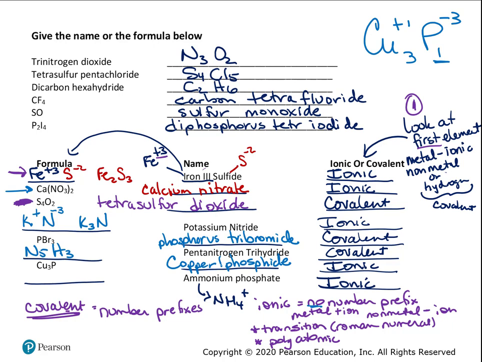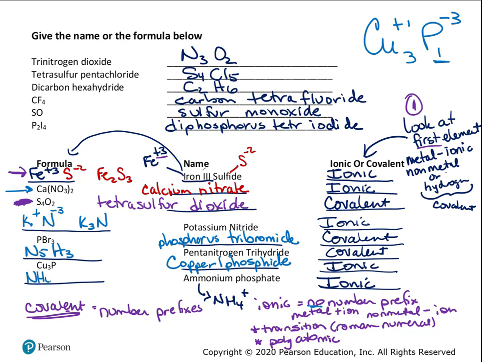All right, now this last one's tricky because of ammonium. You look at the periodic table, you're like, there is no ammonium up there. Ammonium, though, is NH4 with a what charge? +1.